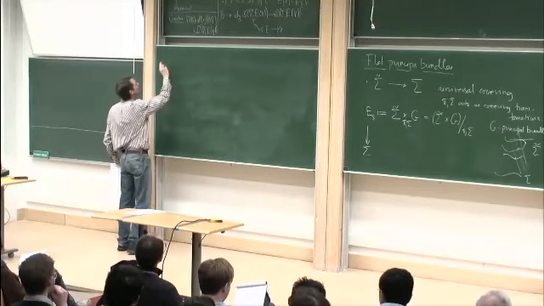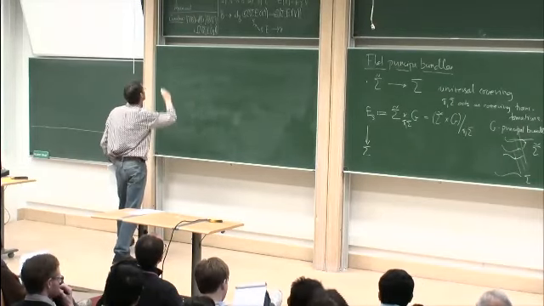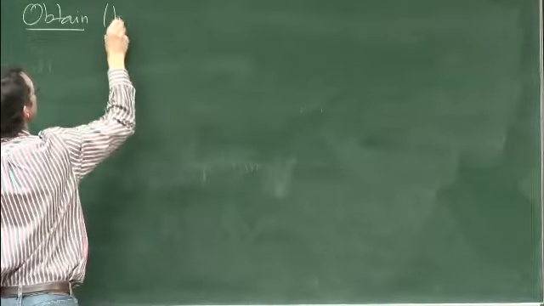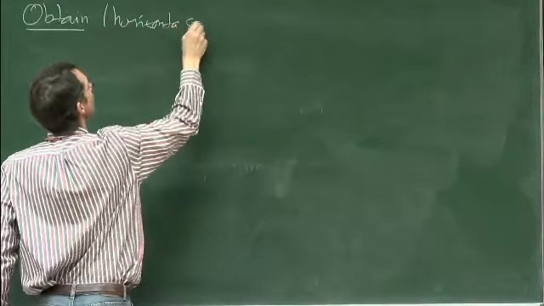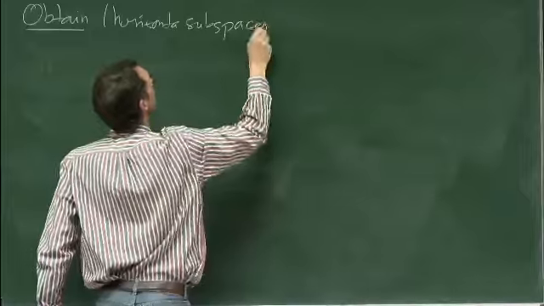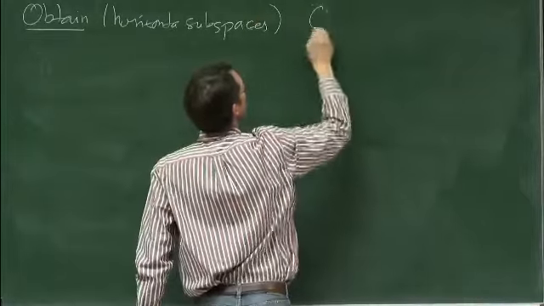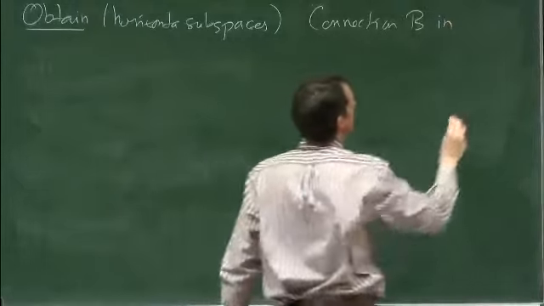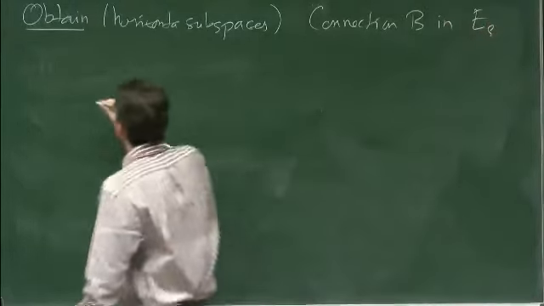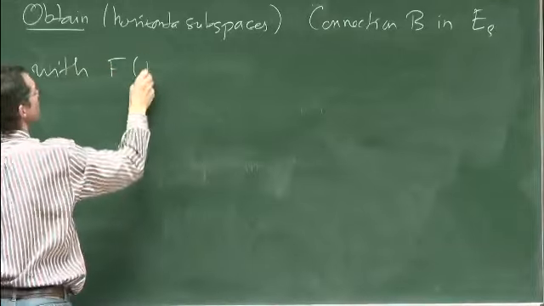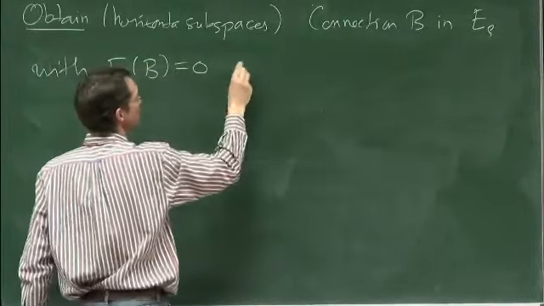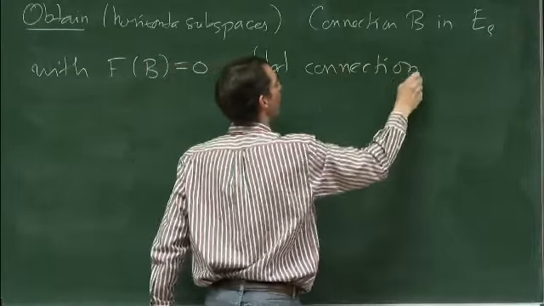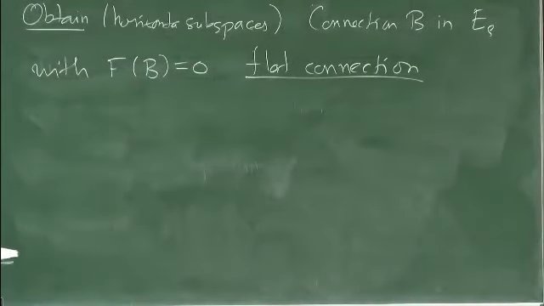So we obtain, using horizontal subspaces, a flat connection. So a connection B in E_rho with curvature 0. A connection with curvature 0 is what's called a flat connection.